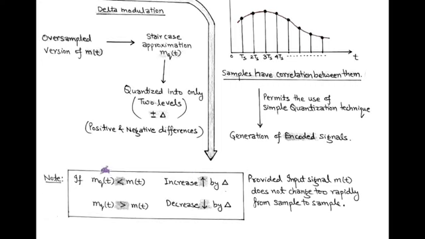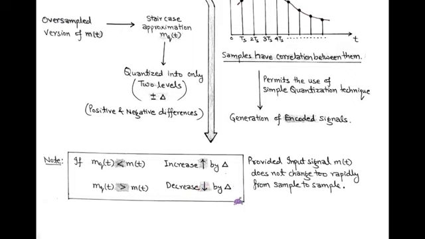If the quantized approximation mq(t) is less than m(t), the level is increased by delta, and if the quantized approximation is greater than the modulating signal m(t), the level is decreased by delta, as shown in the figure.